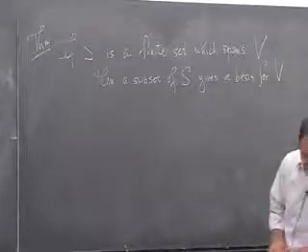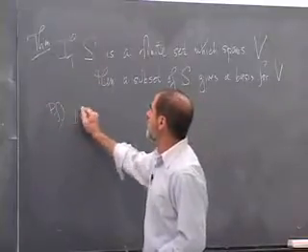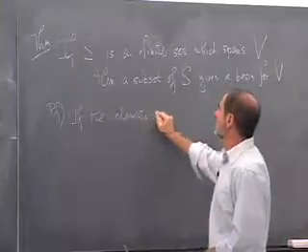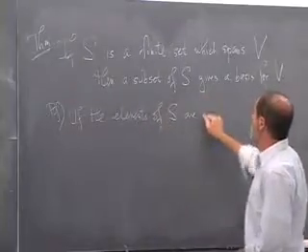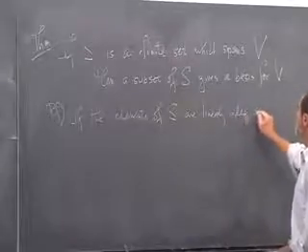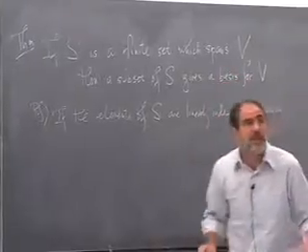Okay. So, proof: if the elements of S are linearly independent, we are done, because that's the second condition you need on S to be a basis.